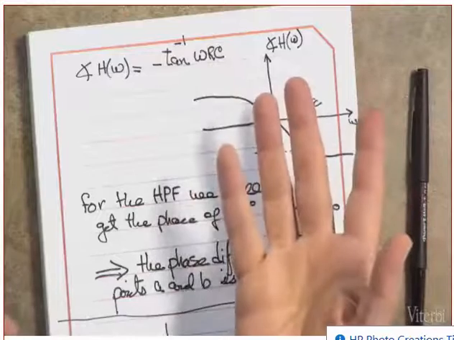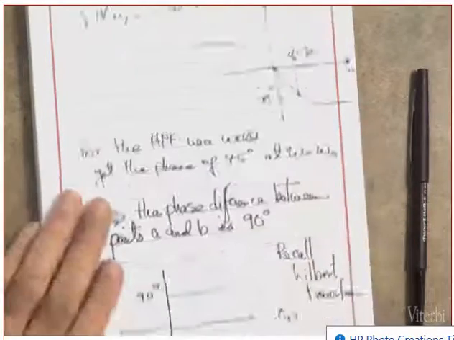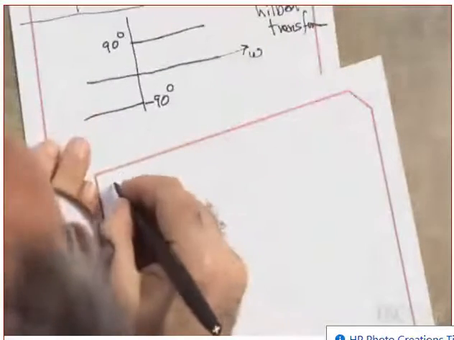There are two branches. There is a high pass branch. Let's do the high pass. I made a mistake bringing this one into it. It's the same analysis. Let's look at the high pass.